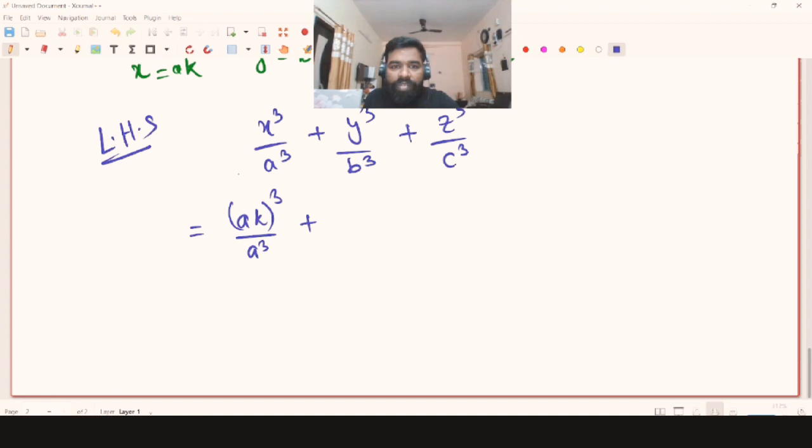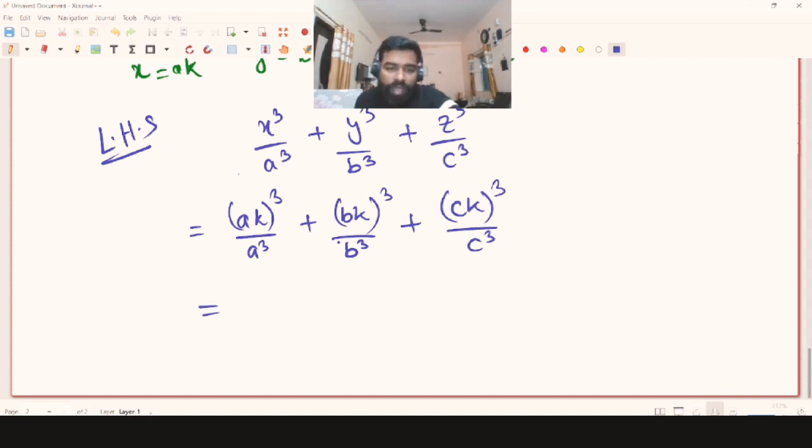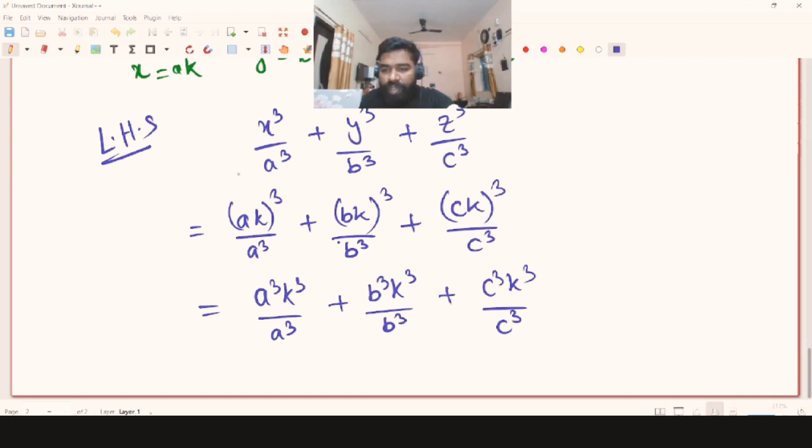Then similarly y means bk, and that is whole cube. And then the last one is ck whole cube. Then you separate the cubes. You get a cube k cube, and then similarly b cube k cube, and then the last one is c cube k cube by c cube. So what you get is you cut these.